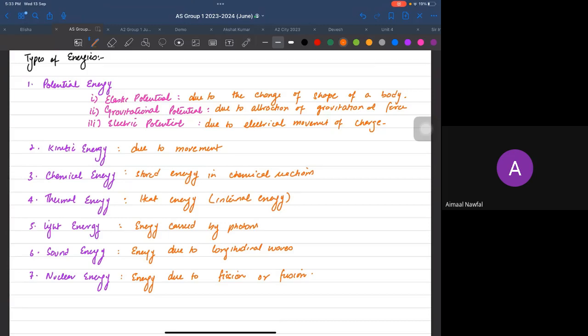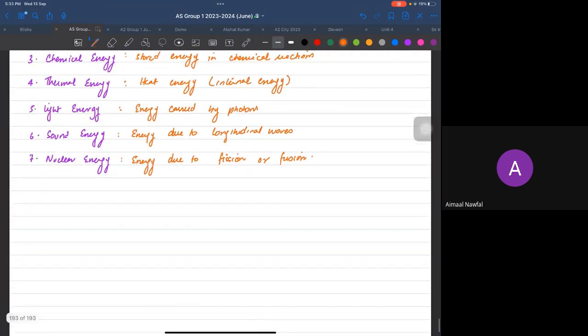All right. Now the next thing we're going to look at, you might have already done it in O levels. It's not a big deal. So we're going to now do the law of conservation of energy.